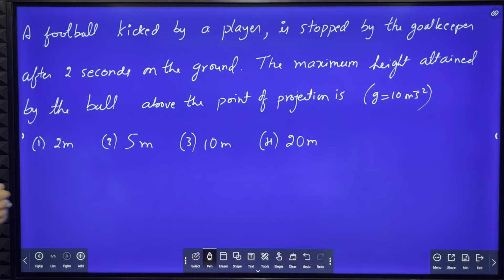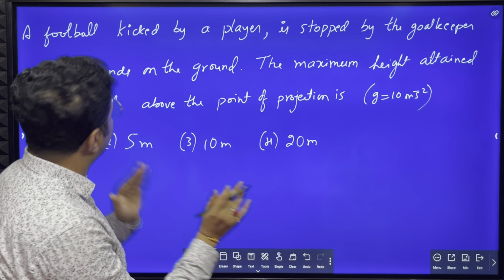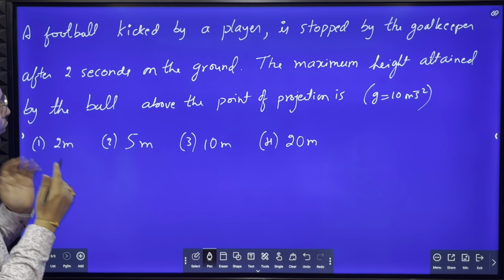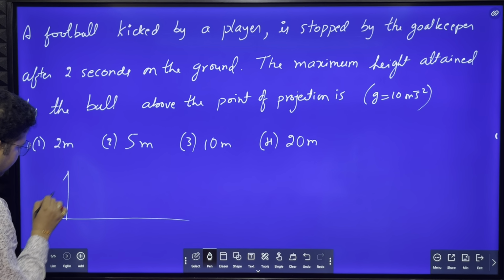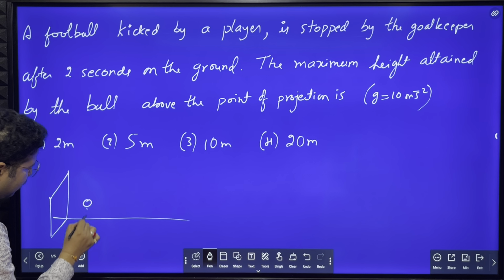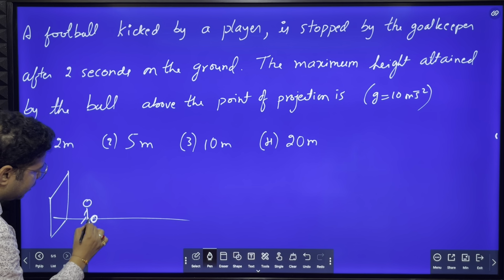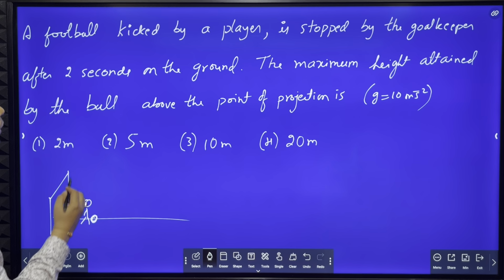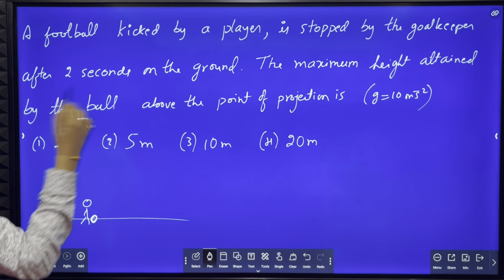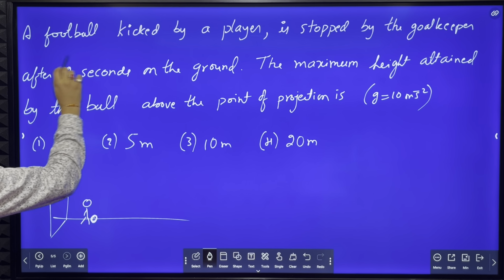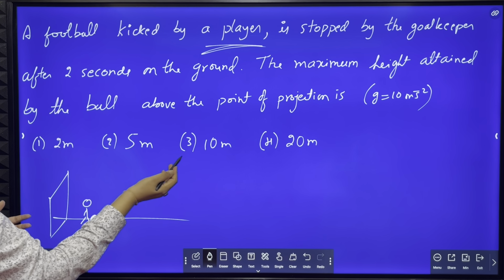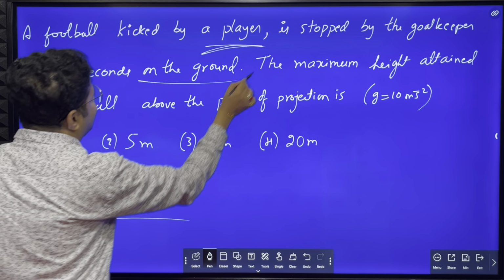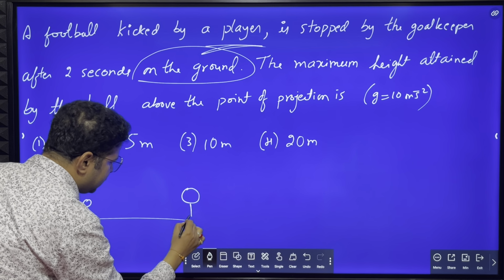A football kicked by a player is stopped by the goalkeeper after 2 seconds on the ground. So there was a player here.